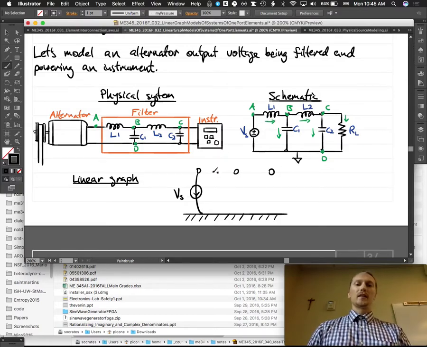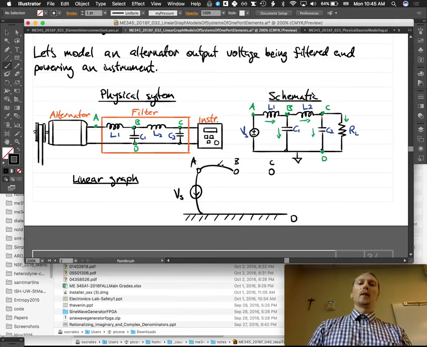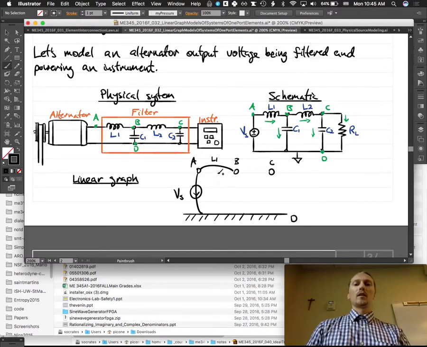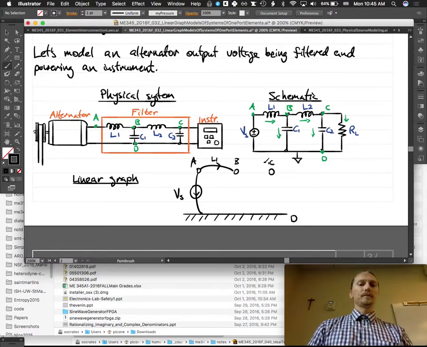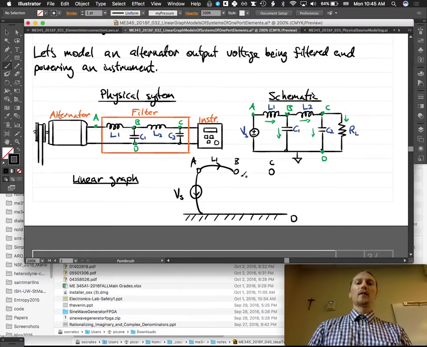L1 is going to connect nodes A and B, right? So I'll draw A, B, C, and D. So A to B is what element? L1. And which direction should it go based on these conventions that we drew? And then node B, does it connect to ground through anything? Yeah, through the capacitor.